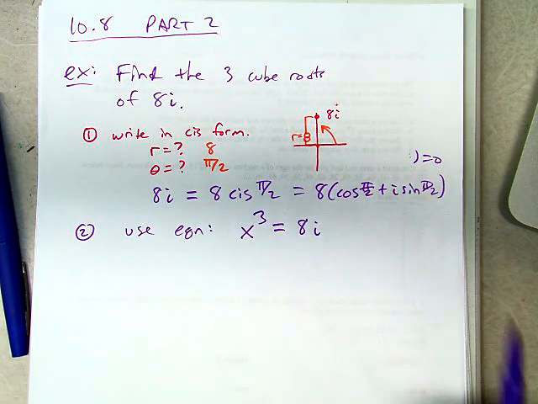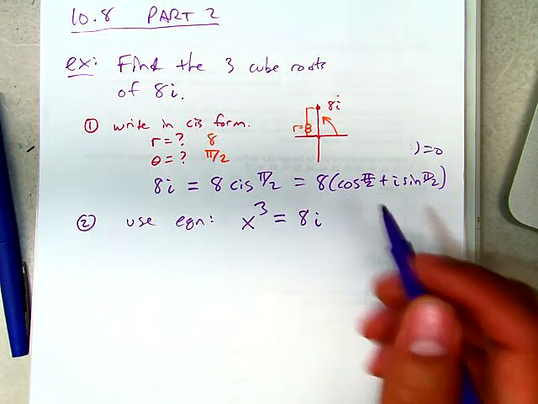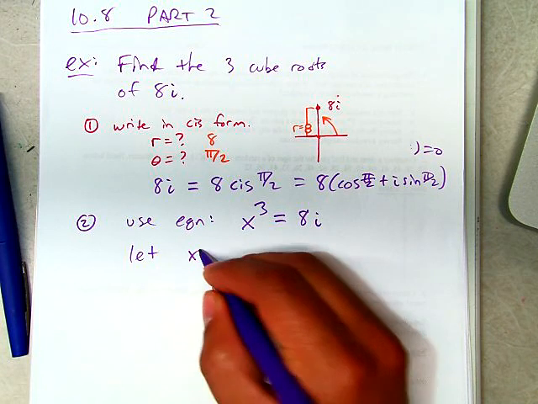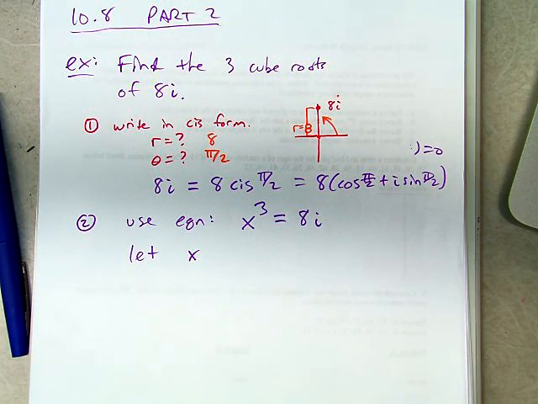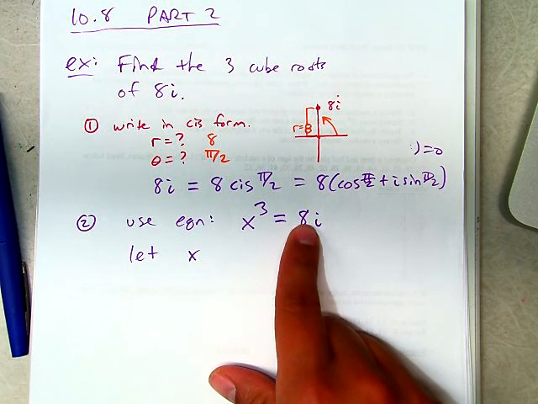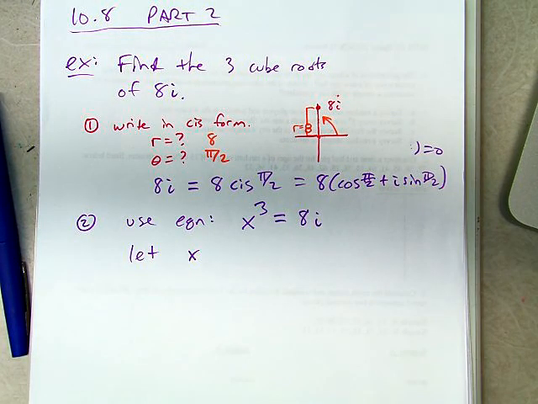In this case, it's just x cubed equals 8i. The x is what I'm looking for ultimately. There are going to be 3 x's that I can cube that will give me 8i. And if you have your calculators out, I'm going to ask you to verify this in a minute so you can see that it works and it's not just a magic trick.